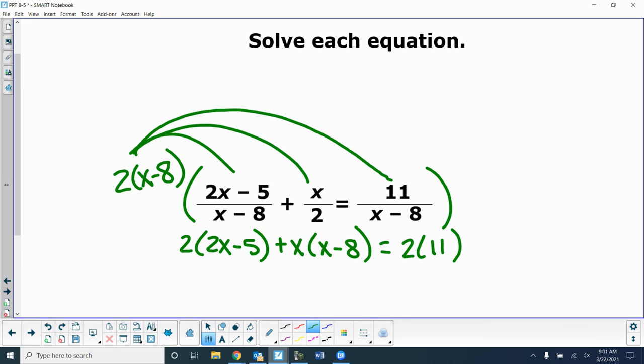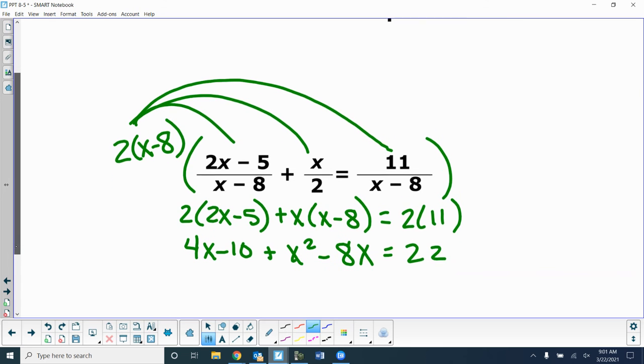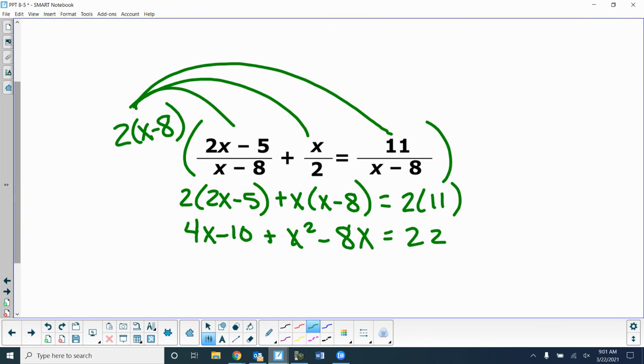All right? On the left, I got to distribute. 4x minus 10, plus x squared minus 8x equals 22. What do you see in here? X squared. So we got to set it equal to what? 0. Okay?